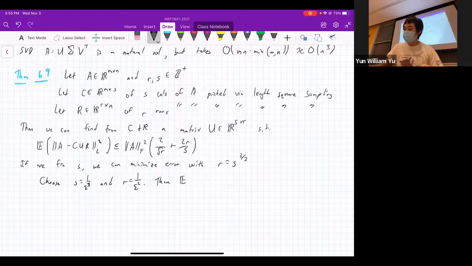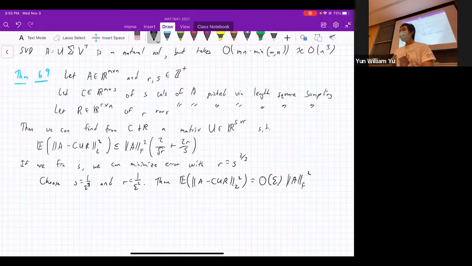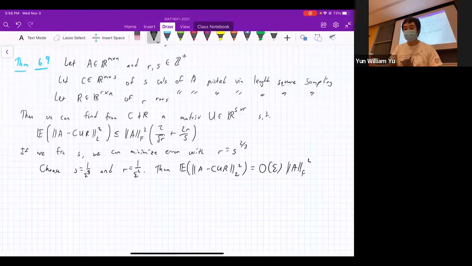Then with those choices, we get that the expected error squared is approximately O of epsilon times the Frobenius norm of A. Okay, so with this choice, you can come up with some low dimensional representation of your big matrix A, whose norm is not that far off, as measured by the Frobenius norm.